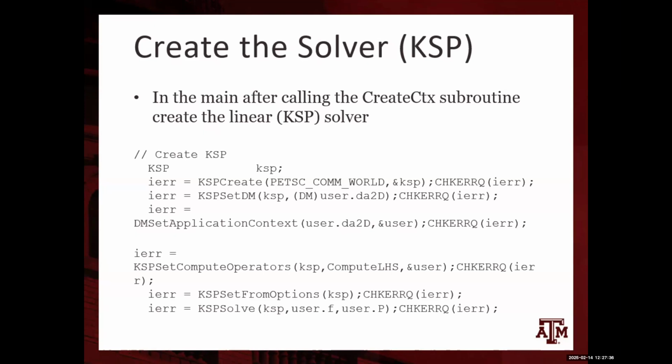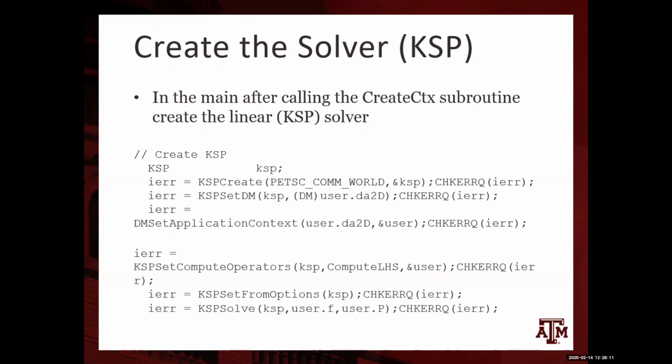And then set application context, basically our user. So when passing our 2D DA to the KSP, we're going to have access to our user context as well. And then KSP set compute operators. There are different ways of doing this. Set compute operators is basically setting your matrix A, your operator, which is your left-hand side. We're going to do this by KSP compute left-hand side.